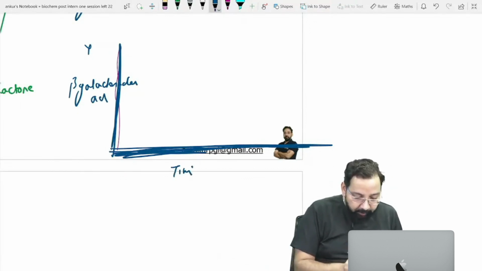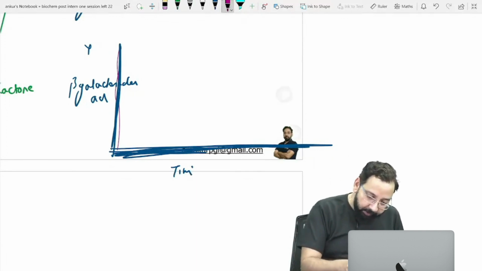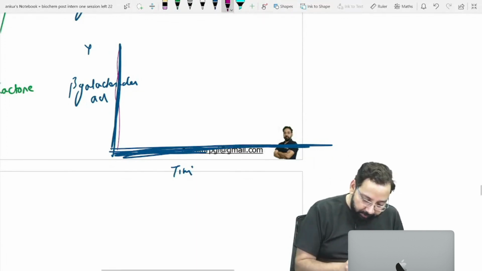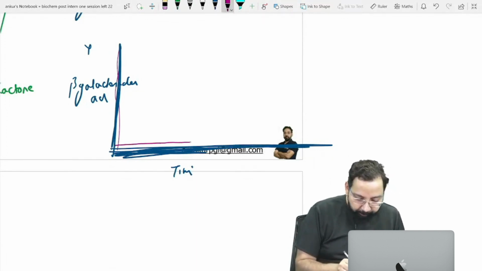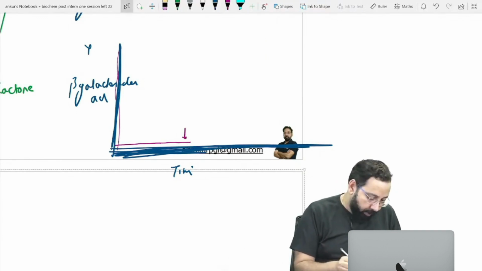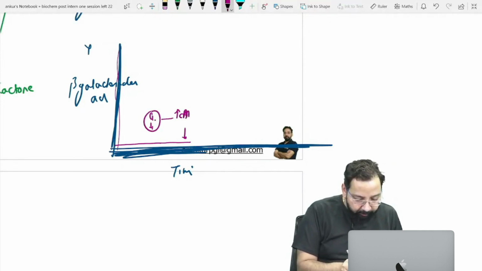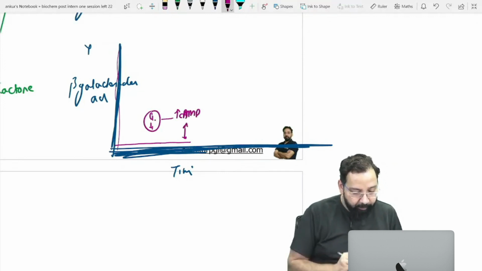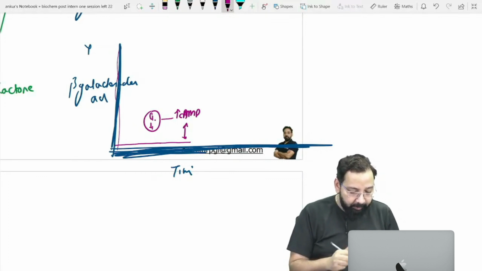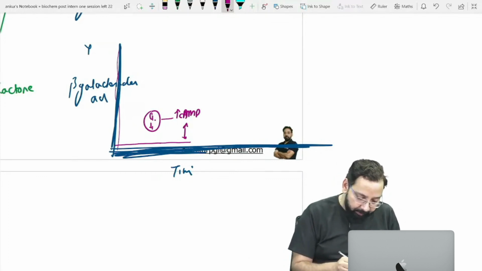Suppose at this point glucose decreases and cyclic AMP increases.